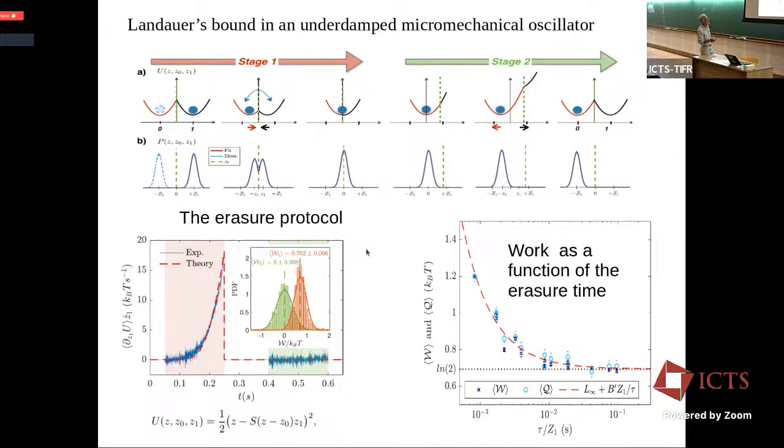This is the second part, where you move the particle back to the initial state. This is very interesting, because all the work is mainly done during the entropic phase, which is when you collapse the two wells into a single one.